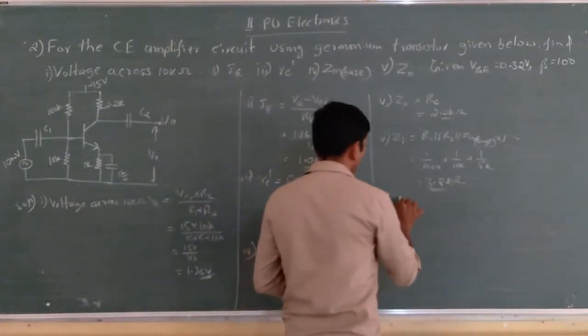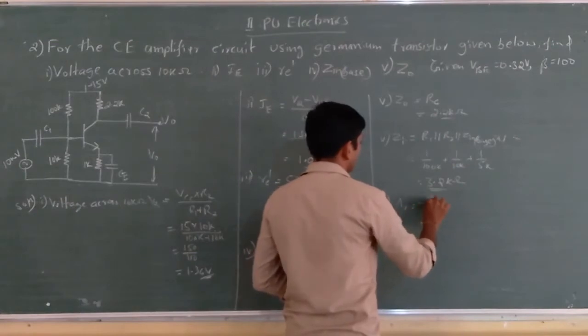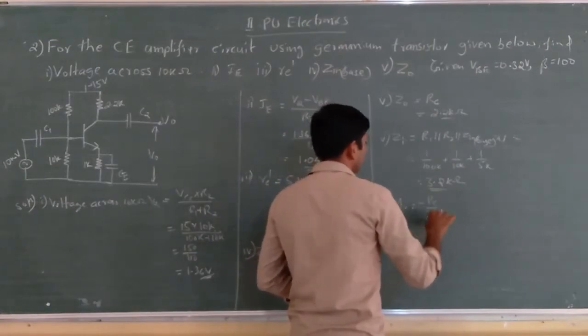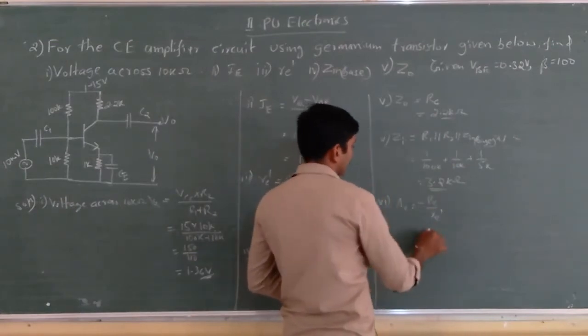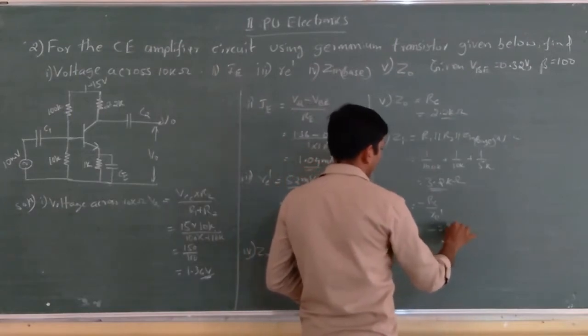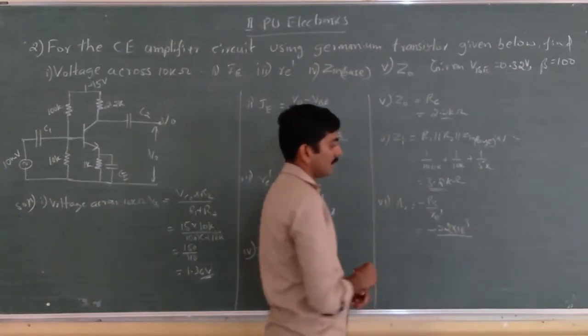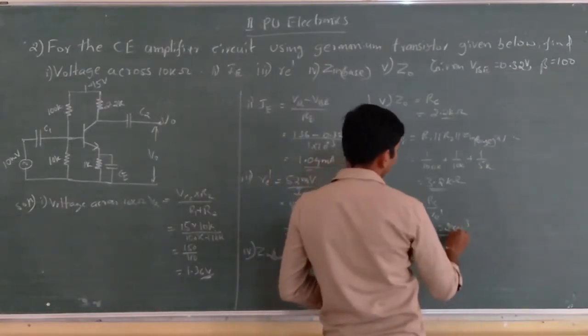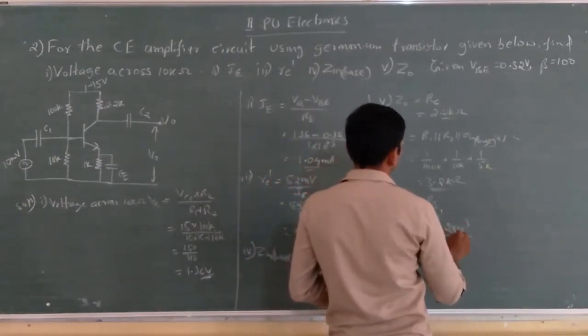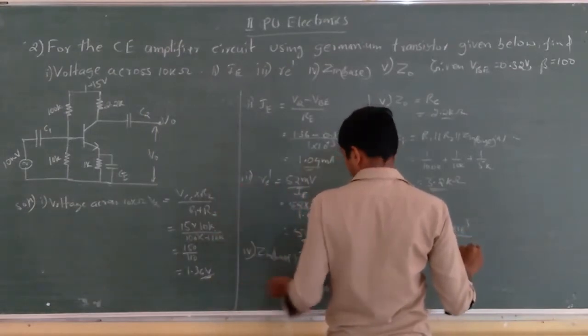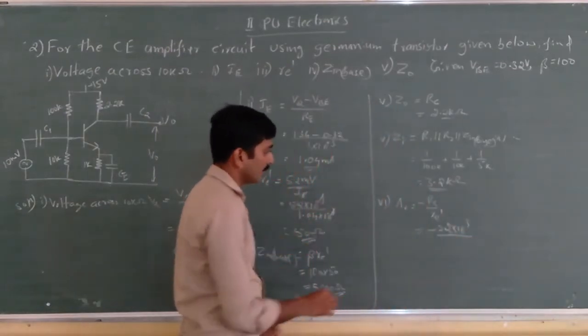What is AV? AV equal to minus RC by RE dash, that is minus 2.2 K divided by RE dash. RE dash is here, it is 50 ohm.